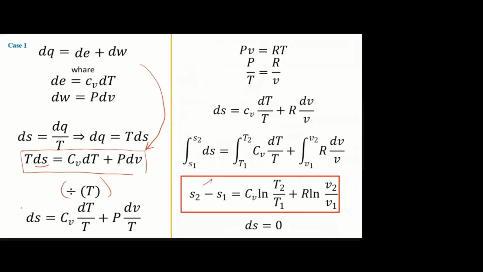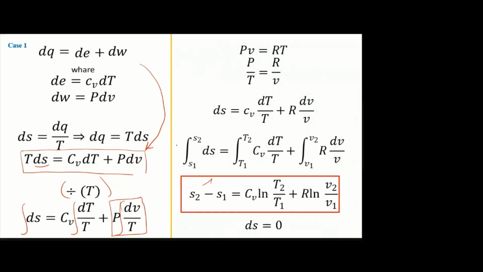In that case I have to integrate this equation. The first term, if you integrate, you will get s2 minus s1. This term dT by T, if you integrate, you will get ln T2 by T1. But this term I cannot integrate. If it is dv by v, then I can integrate it. So I have to change this term. This P dV by T, I am going to change it so that it will be easy to integrate.